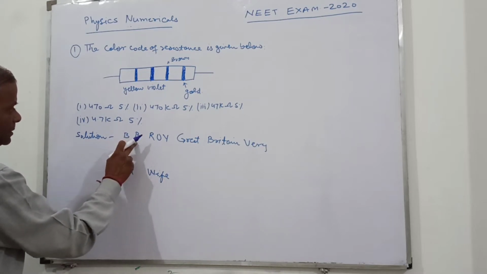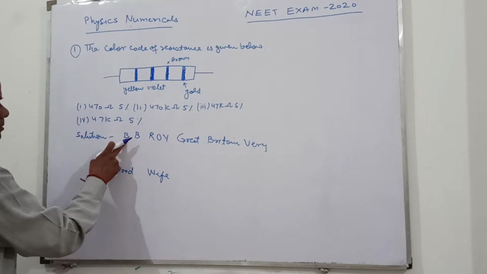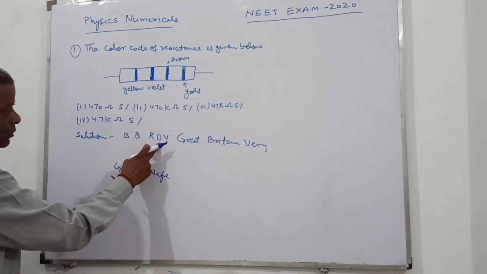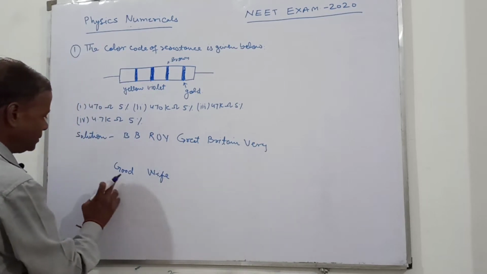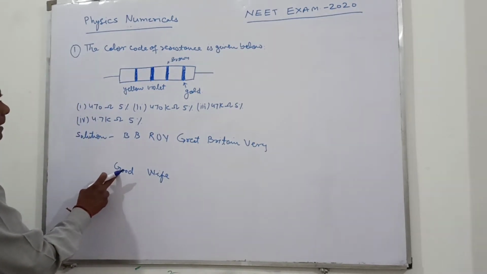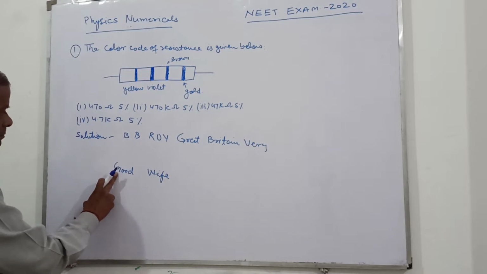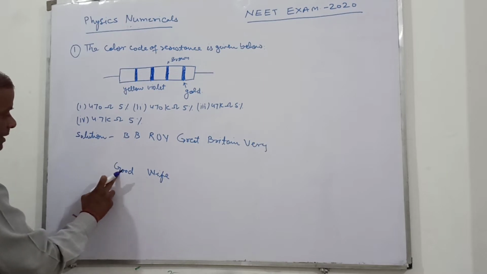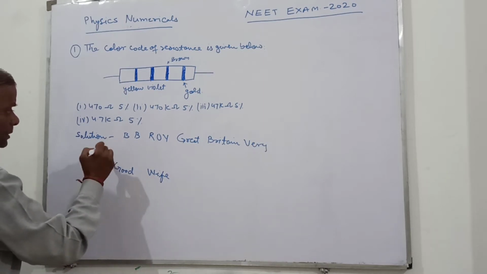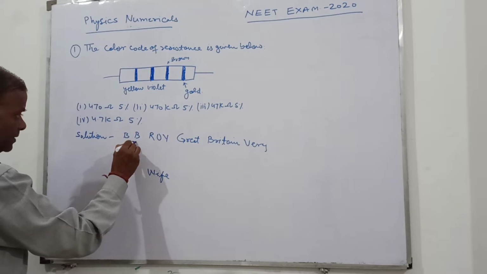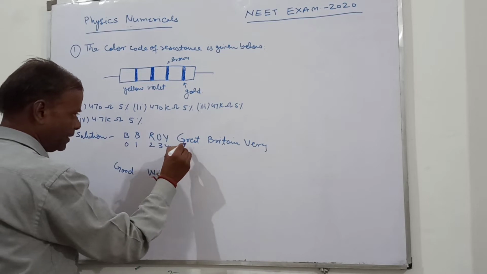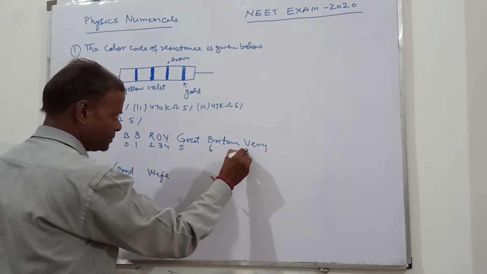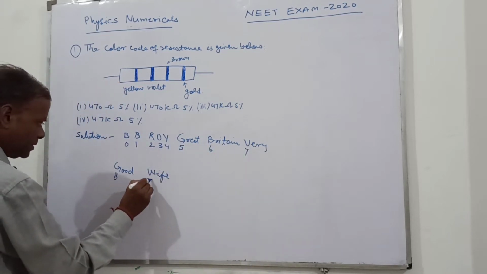This is the black color, black, brown, red, orange, yellow, green, blue, violet, and this is gray and white. This series is given the numbers 0, 1, 2, 3, 4, 5, 6, 7, 8 and 9.